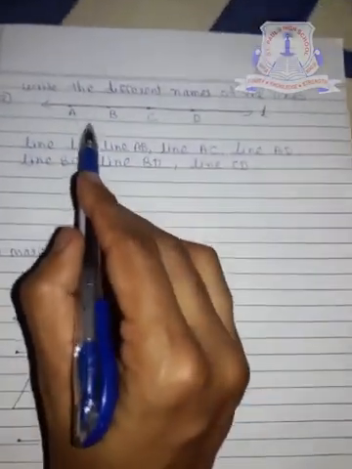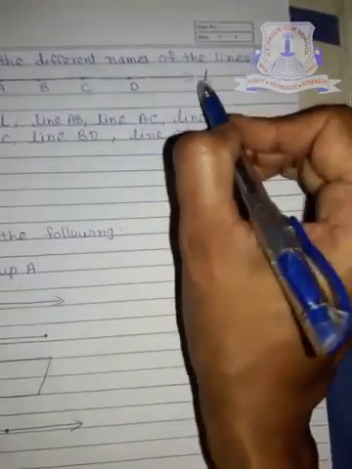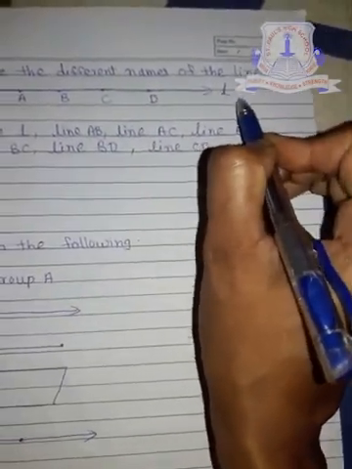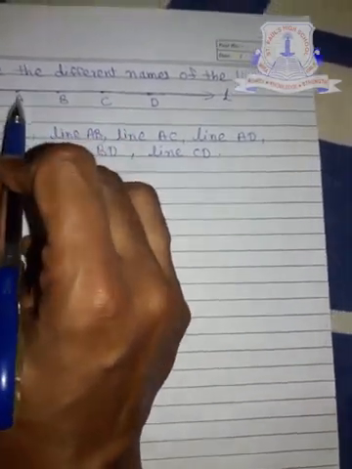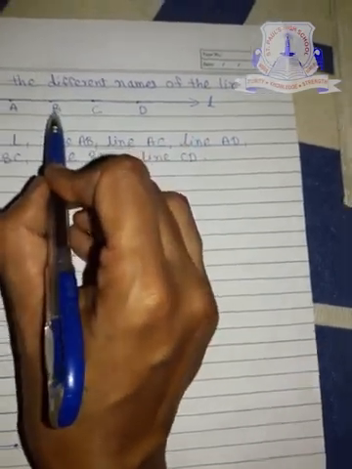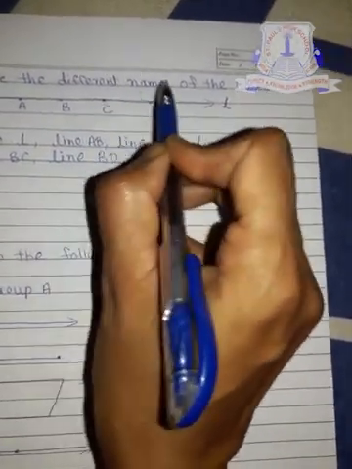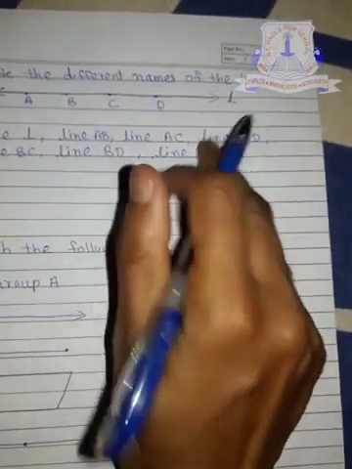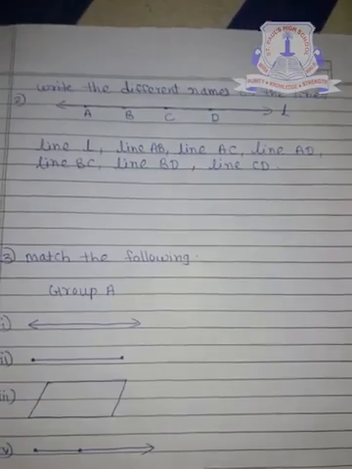So by taking two points, we form the line. This one line you can call line L, or line AB, line AC or line AD, line BC or line BD, and line CD. So these are the different names of the line. You can call this line by any of these names.